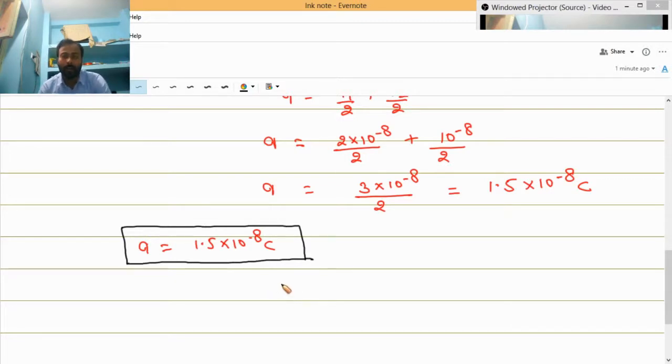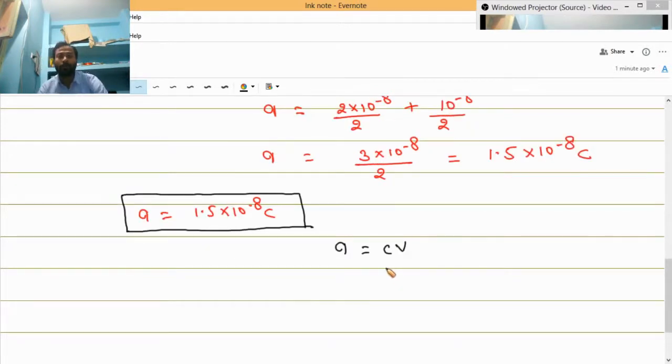Now we have to evaluate the value of the potential difference. Q equals C into V. Now we know the value of Q and we know the value of C, so we can very easily evaluate the value of V here.